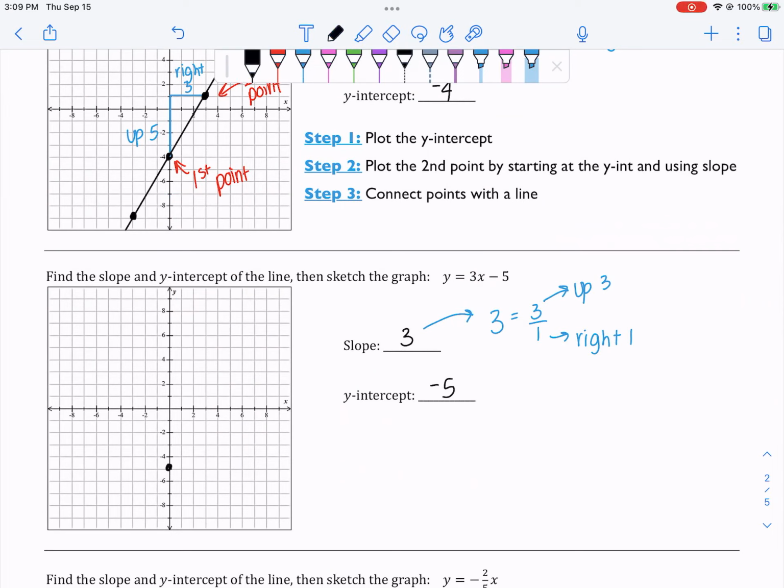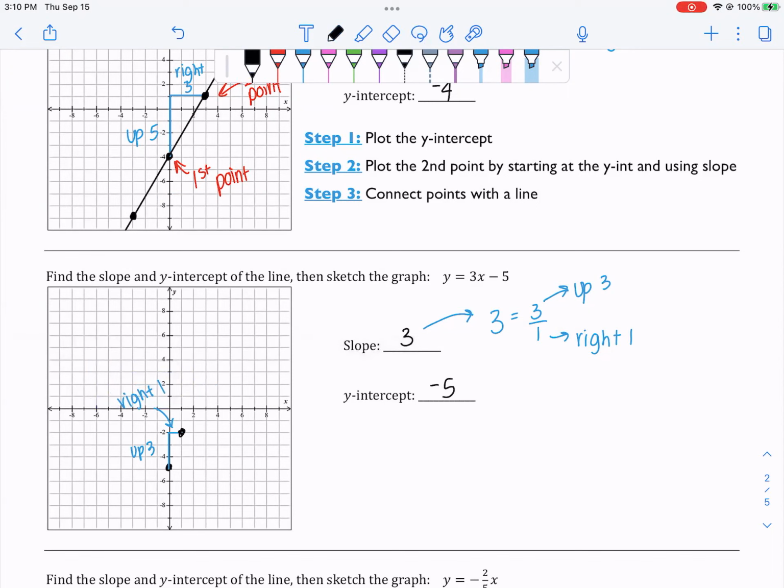So plotting a y-intercept of -5. And then I am going up 3. Right, up 3. And I am going right 1 and plotting another point. And I can continue this pattern.